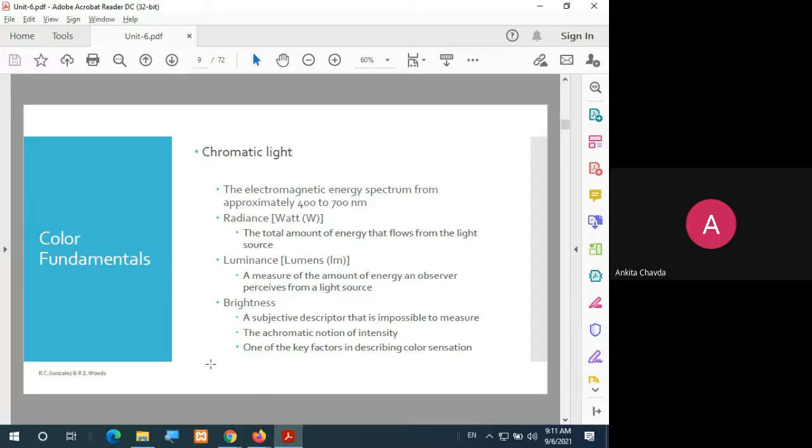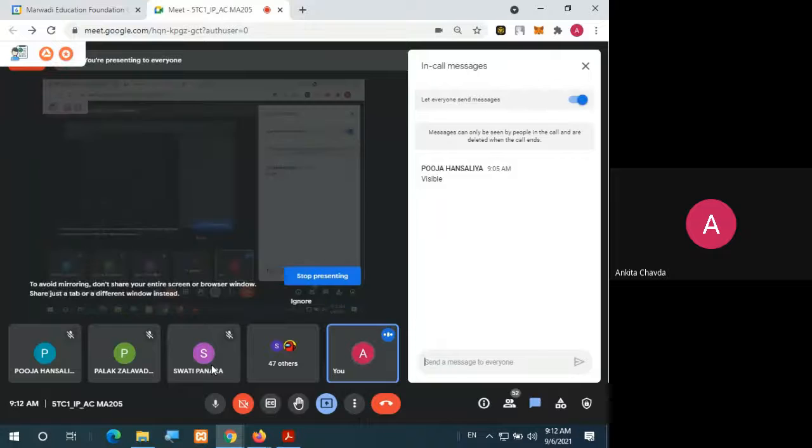If there is pink color, bright pink means with the full intensity. So brightness is very similar to intensity: high intensity, and low intensity is baby pink, light pink. Lower intensity is lighter; higher intensity means a very dark color. I hope you are getting what I'm saying.